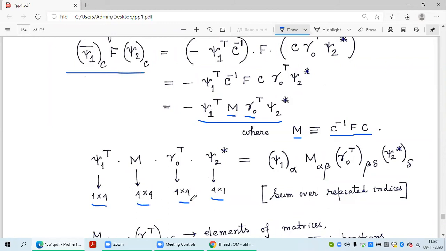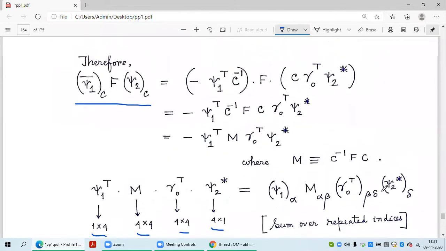This product of matrices as a whole is a 1x1 object. This is a single object because this term is a term in the Lagrangian, and you can see from here that the result is 1x1.